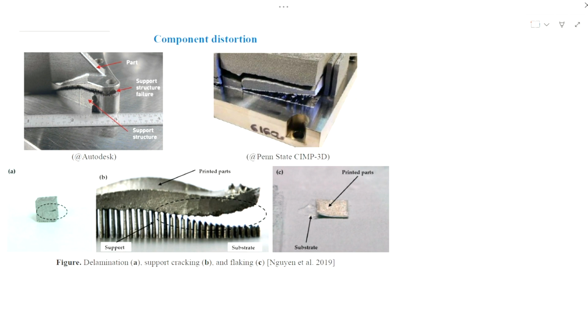Generally these types of errors are generalized as delamination, but this is not a delamination. The three are delamination, support cracking, and flaking.